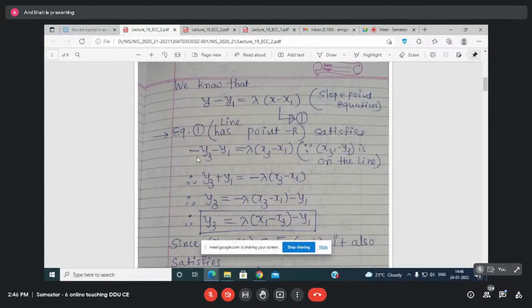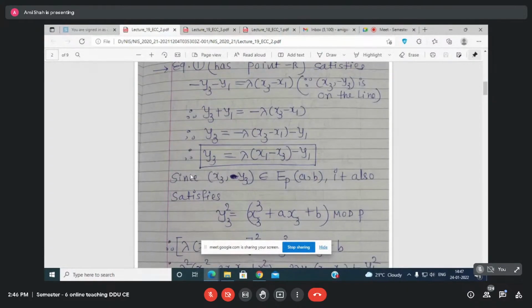Yes or no? This is the line equation, and this point is also on the line. So equation 1 is satisfied: instead of y, I write minus y3, and instead of x, I write x3, because this point is on the same line. So y3 plus y1 equals minus lambda times x3 minus x1. So y3 equals minus lambda times x3 minus x1 minus y1, and therefore y3 equals lambda times x1 minus x3 minus y1.